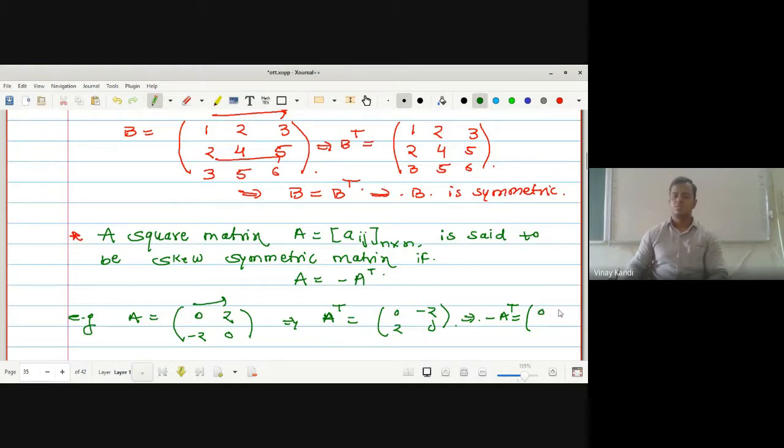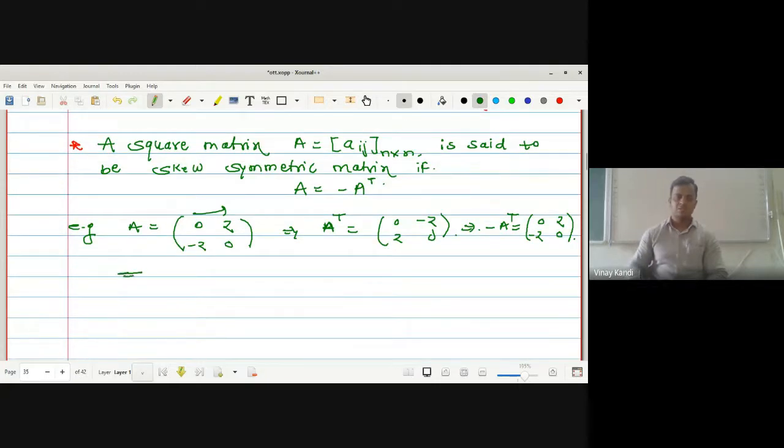So 0, minus minus gets plus 2, this one is minus 2 and this one is 0. So this implies A is equal to minus A transpose. This implies A is a skew symmetric matrix.